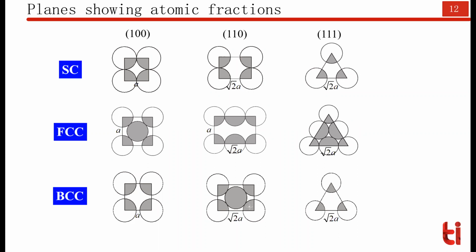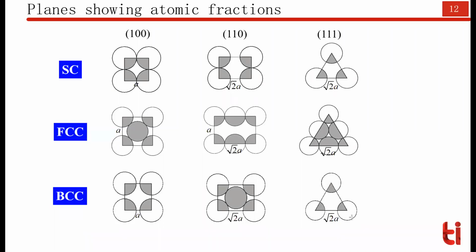Coming to the final case, which is the 111 case. Now the 111 case will be a little tricky. Why? Because your plane will be a triangular plane where you have 1 atom each sitting on its corner.